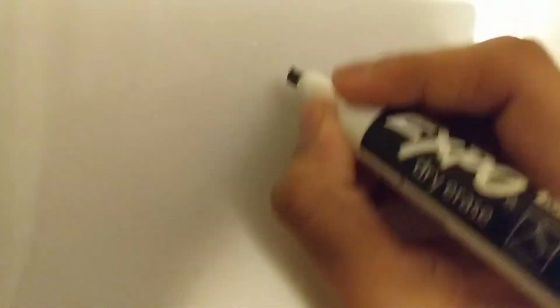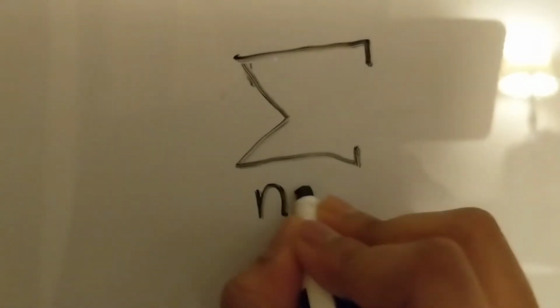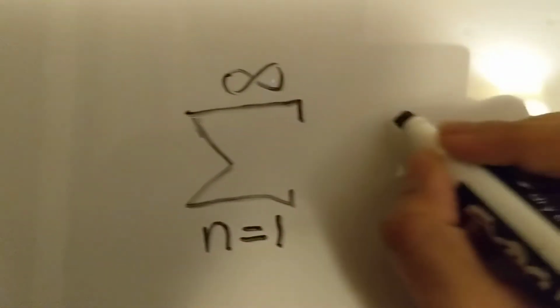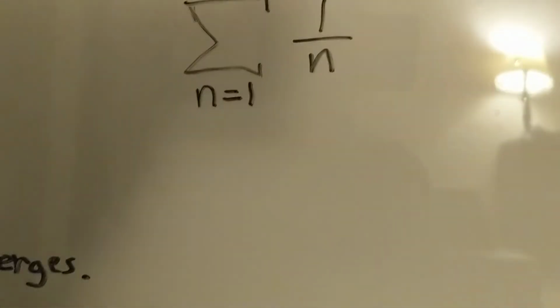Some of you may know the example. You may have seen it if you've read ahead in your calculus textbook. It would be 1 over n. Notice I put 1 over n squared here. Now what's so special about this series?